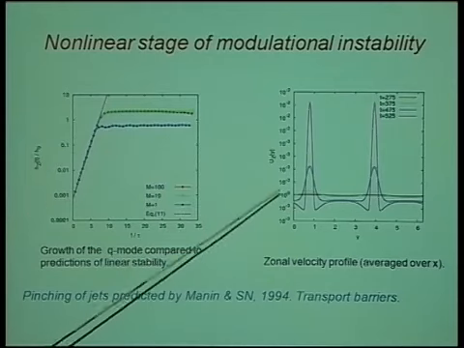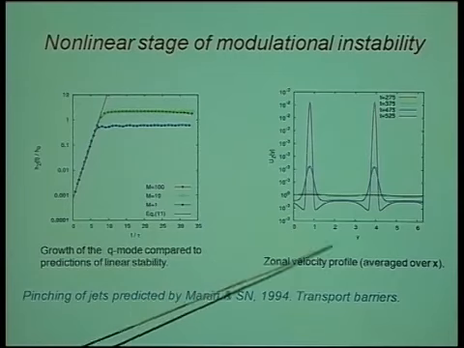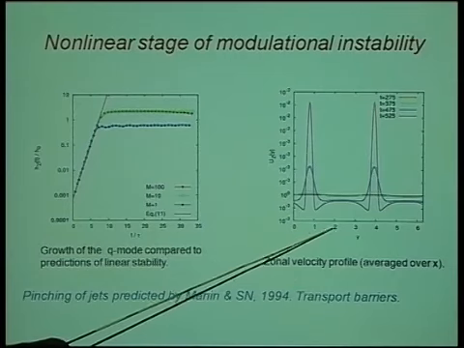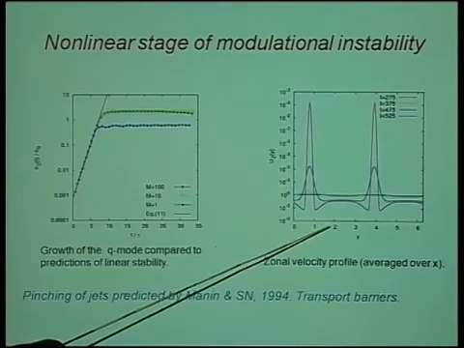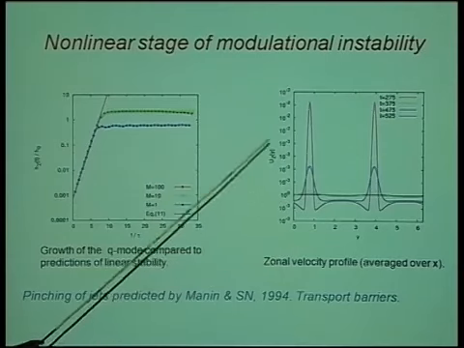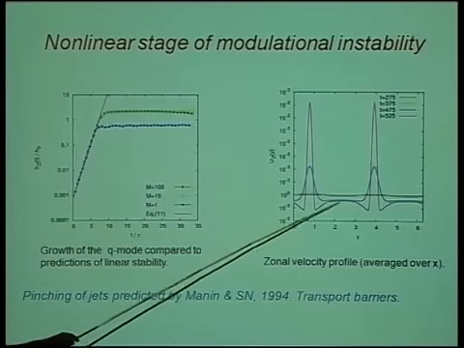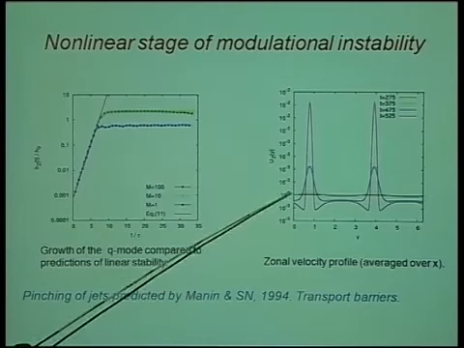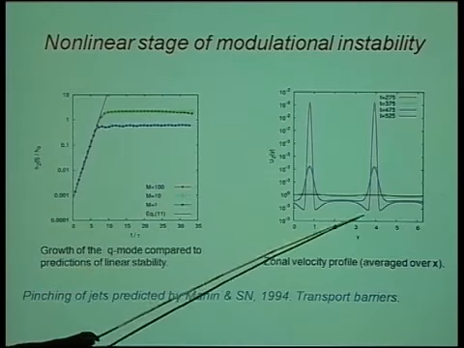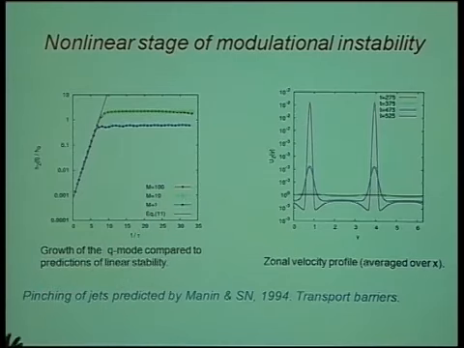And if we plot the zonal velocity profile in physical space as a function of distance across, we see the initially sinusoidal disturbance grows and develops very narrow jets. So zonal jets pinch themselves nonlinearly into very narrow things.